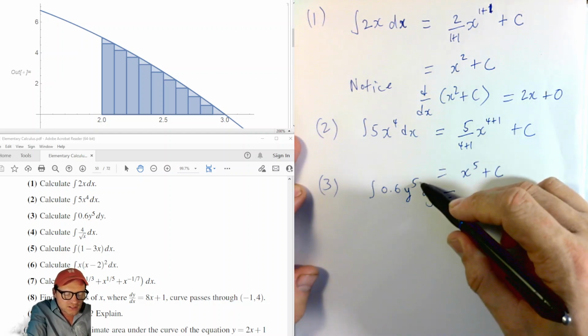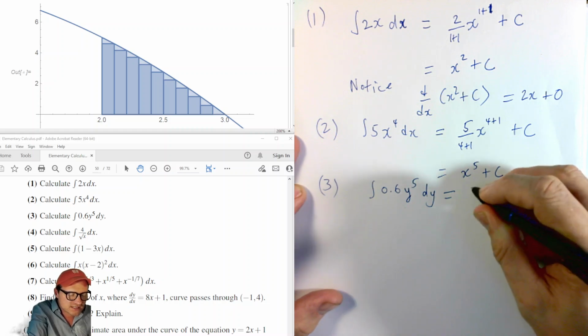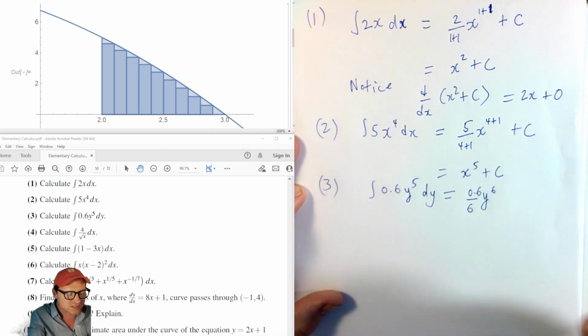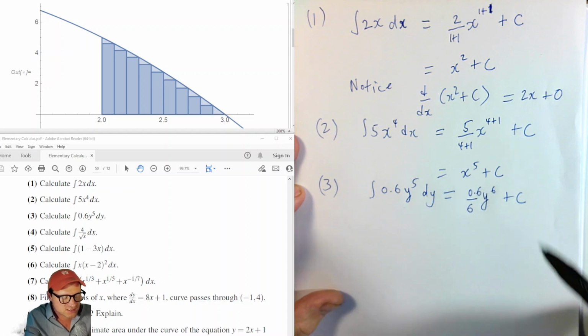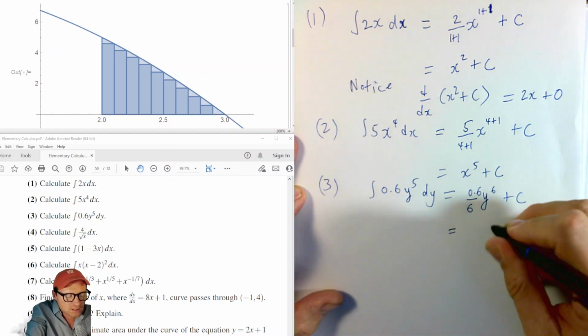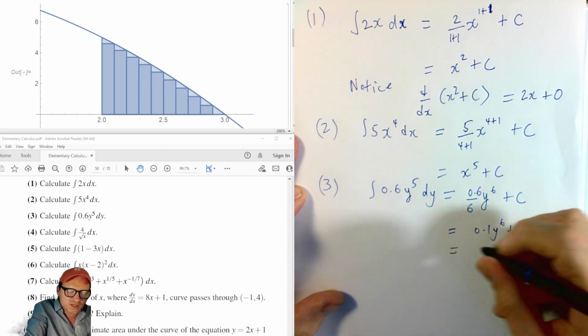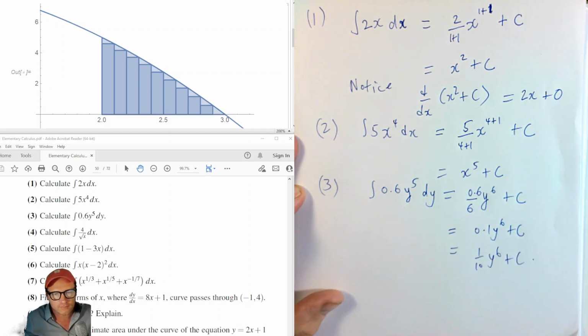We add 1 to the exponent 5, so we get y to the power of 6. Now we're dividing 0.6 by the new exponent 6, and 0.6 over 6 is 0.1, which we could write as 1/10 y to the power of 6 plus c.